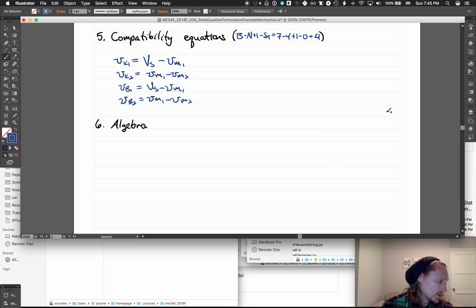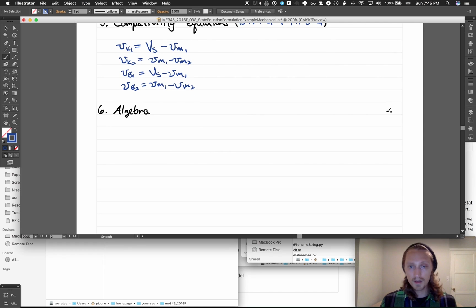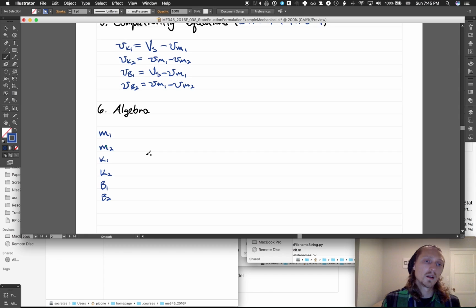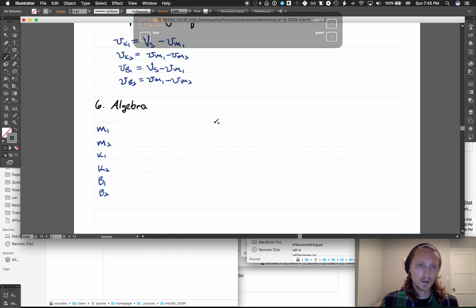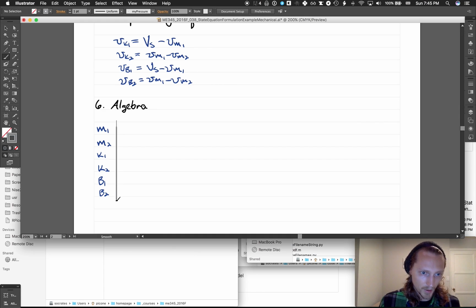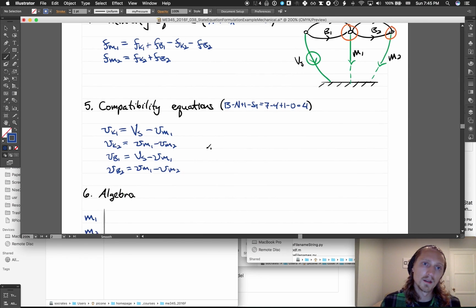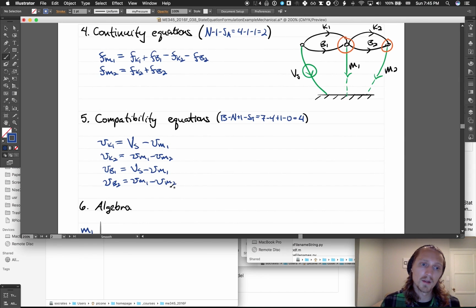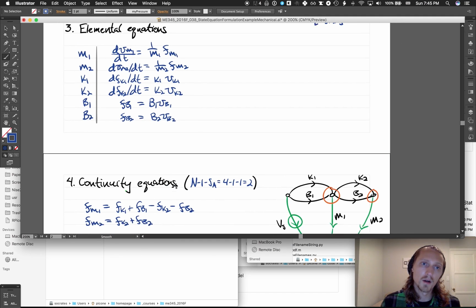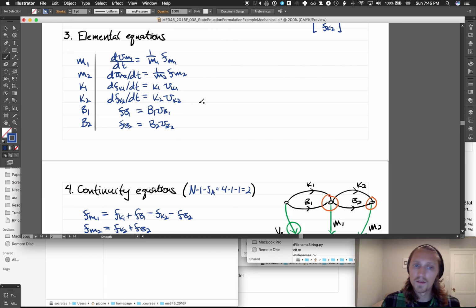I'm going to rewrite these in a column once again. So we have M1, M2, K1, K2, B1, B2, and what we're going to do is we're going to plug in the continuity and compatibility equations into our elemental equations to eliminate all of the secondary variables.